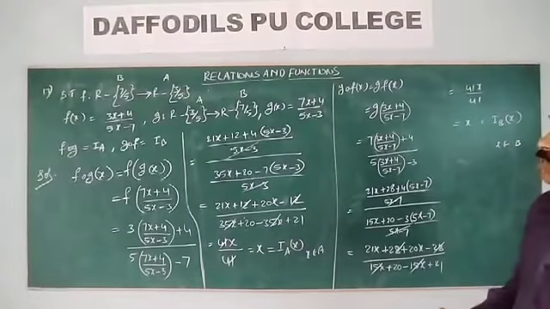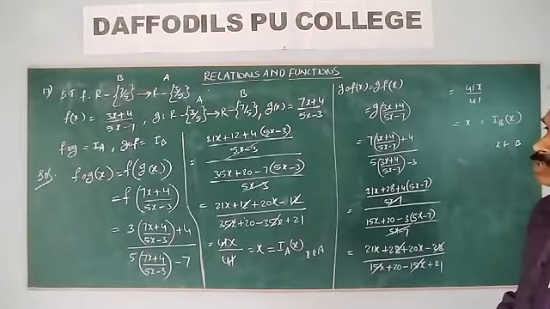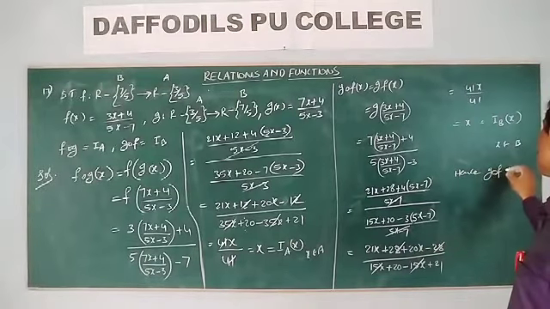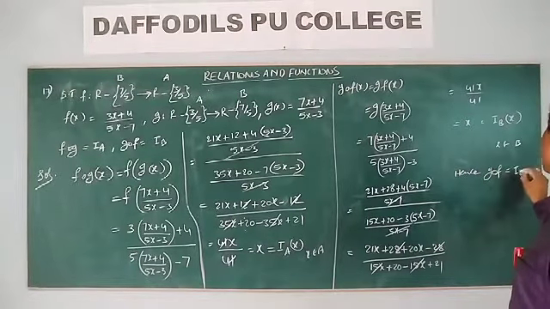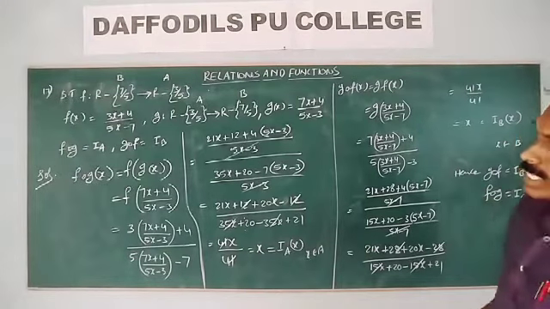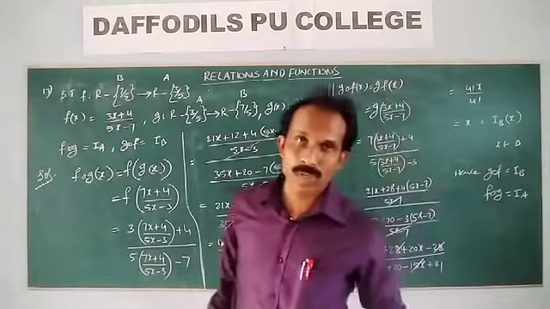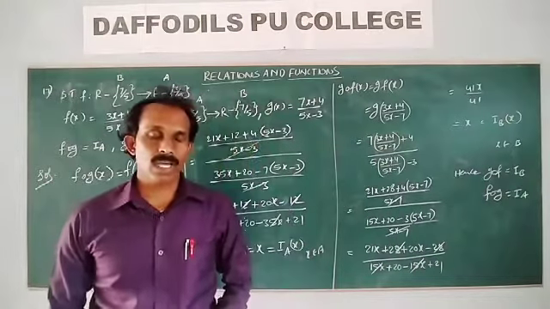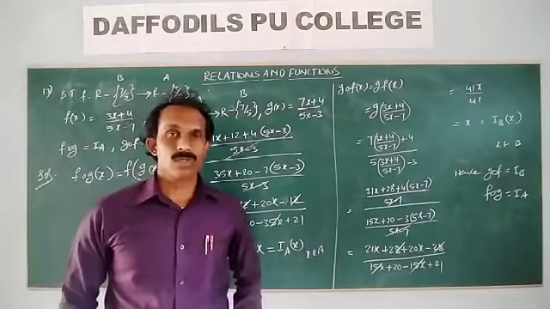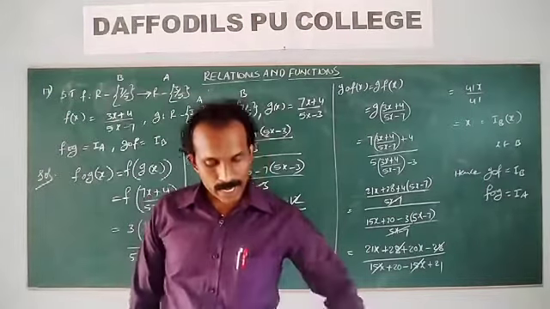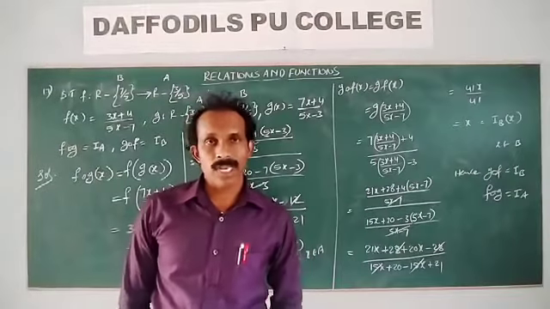G circle F is equal to I_B and F circle G is equal to I_A. Hence proved. Like that, do the problems on composition of two functions, and composition of three functions is also there. Okay students, we will continue the remaining problems. Some theorems are there. We will explain theorems and the next exercise in the next class.